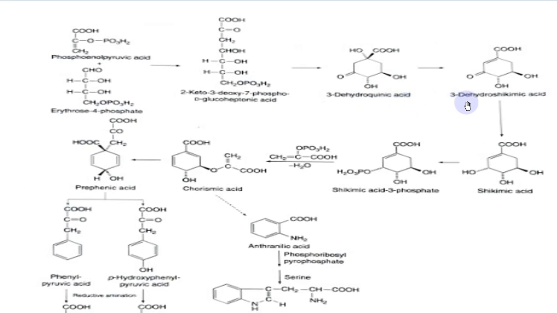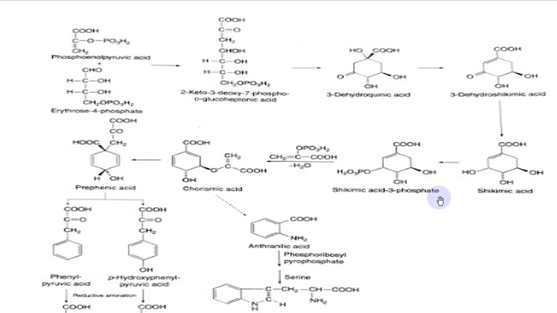This cyclizes to form 3 dehydroquinic acid, which further leads to the formation of 3 dehydroshikimic acid. You can see it over here, and because of the change in this group, it is dehydrogenated by the loss of this hydroxyl group, and further it leads to the formation of shikimic acid.